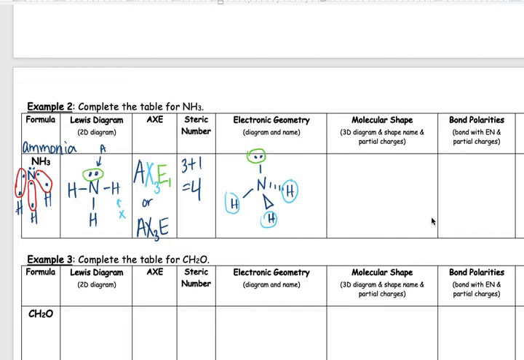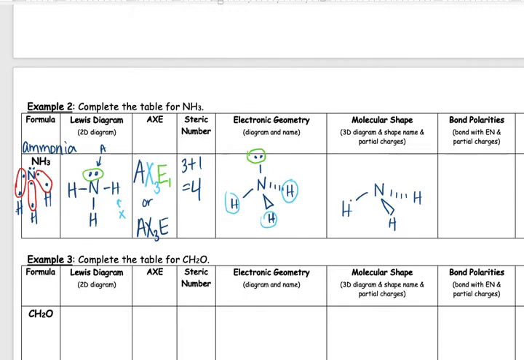Once we get the electronic geometry shapes, the tetrahedral shape here, what we're going to do is just draw the peripheral atoms, the hydrogens. We're not going to draw the lone pair. So now we have a hydrogen sticking straight out of the page, a hydrogen sticking behind the page, and a hydrogen in the page.